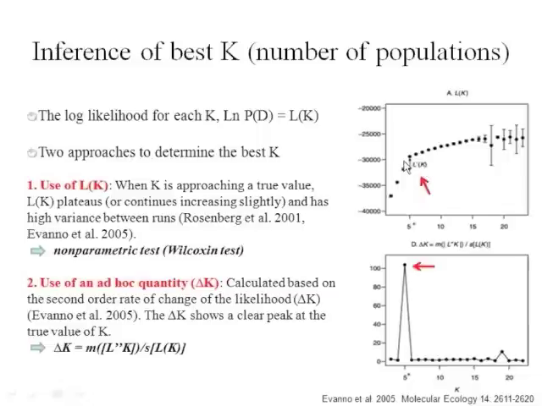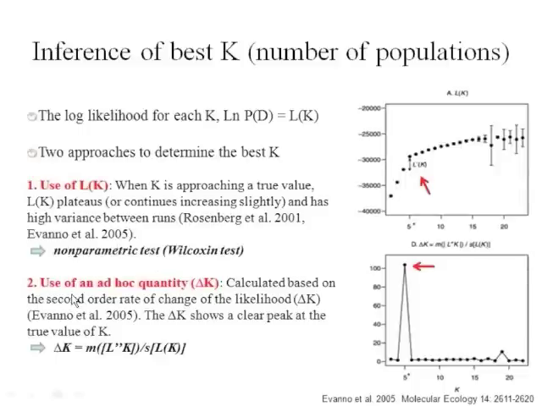But after 5, there is very little change, and you can see a huge variation between runs. The non-parametric test finds the first place where the mean difference between successive likelihood values is not significant.